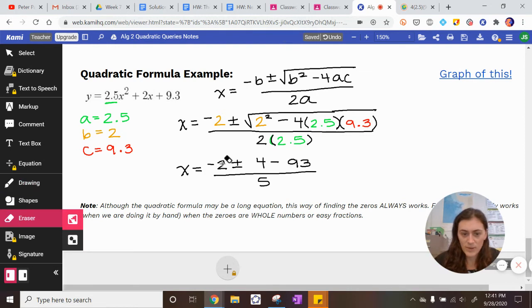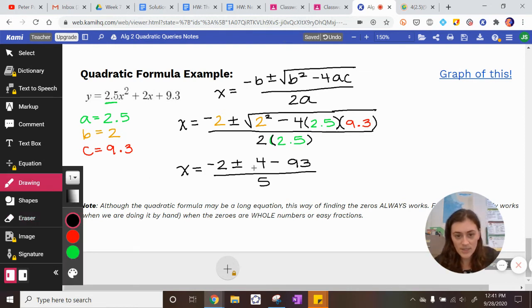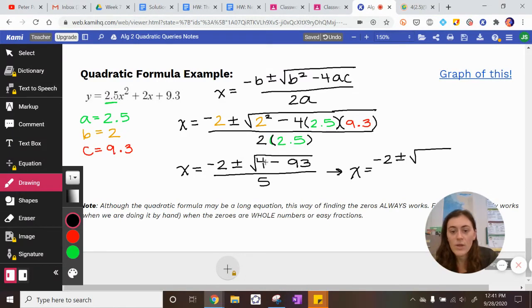I'm going to shorten my square root a little bit, just so it's not so intense. So now we've got negative 2 plus or minus the square root of 4 minus 93. That's negative 89 all over 5.